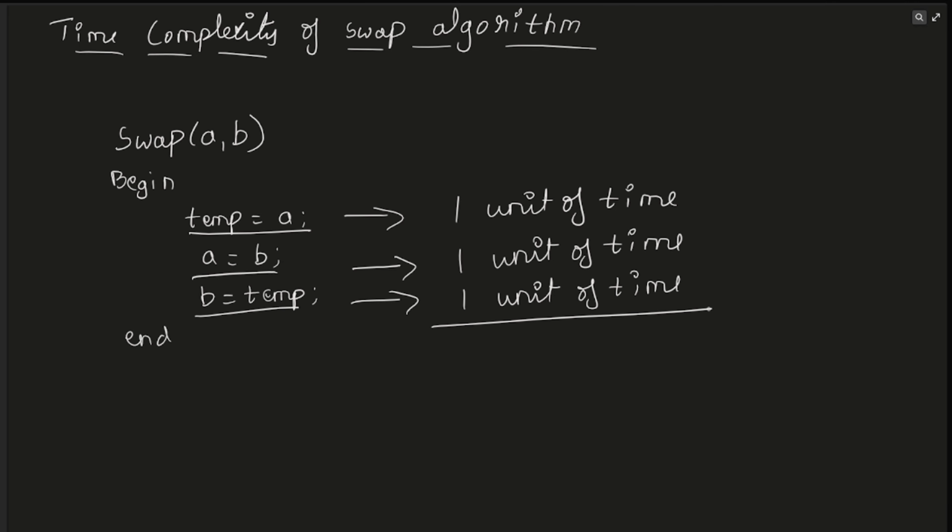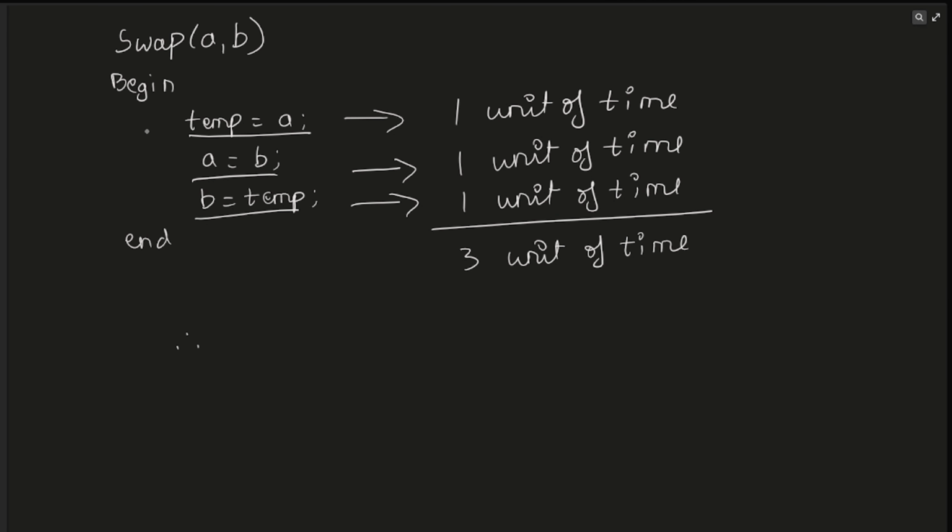After adding all three, we will end up with 3 units of time. Therefore, this swap function f of n takes 3 units of time.